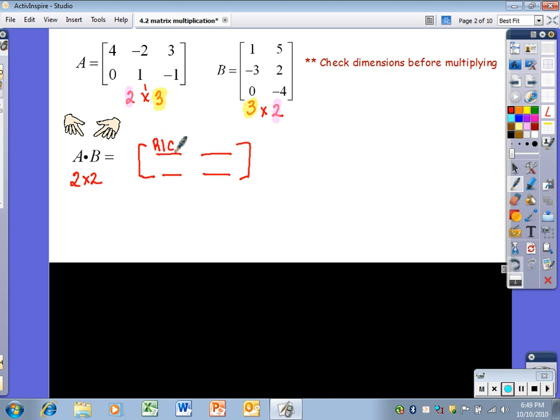Row 1, column 1. That is what position this is located in. This position is row 1, column 2. This element is in position row 2, column 1, and this element is in position row 2, column 2.